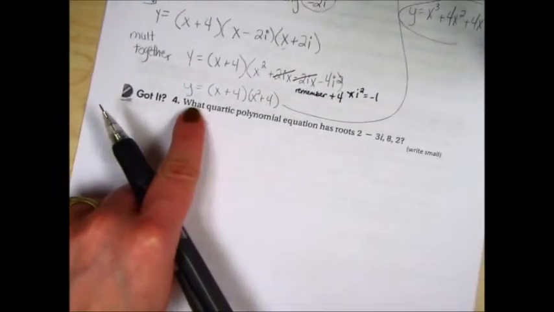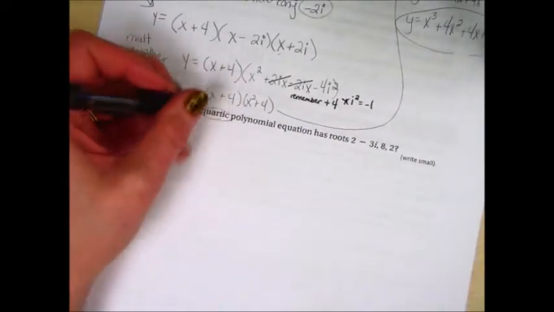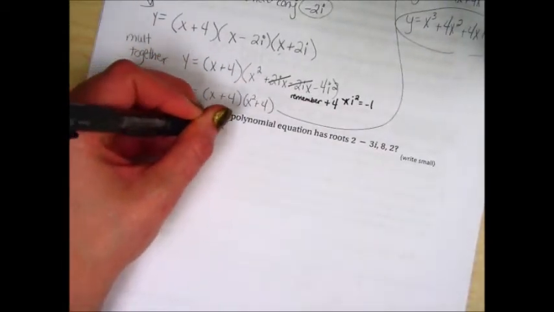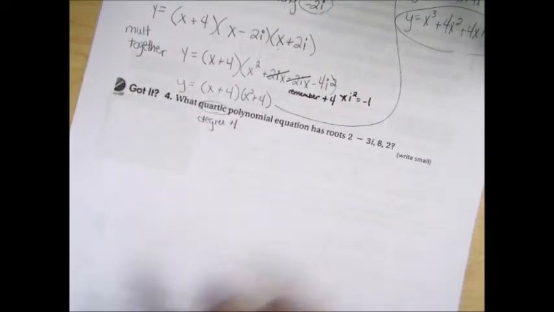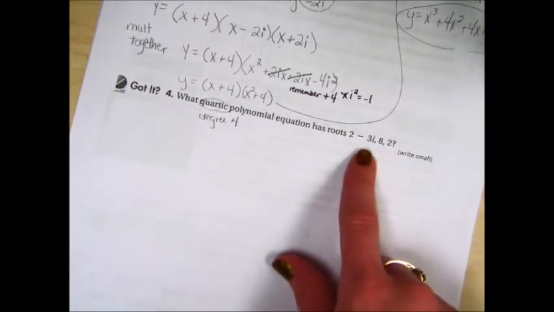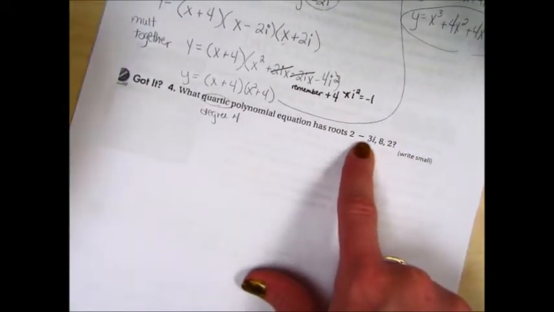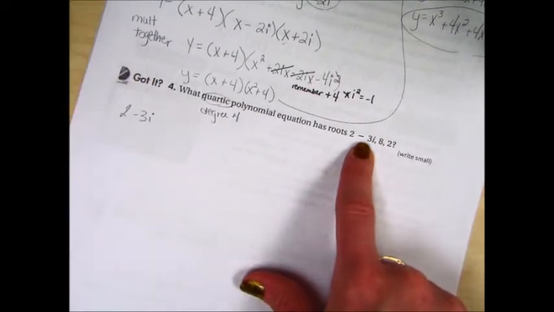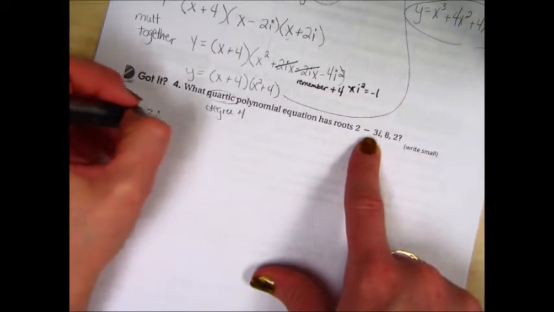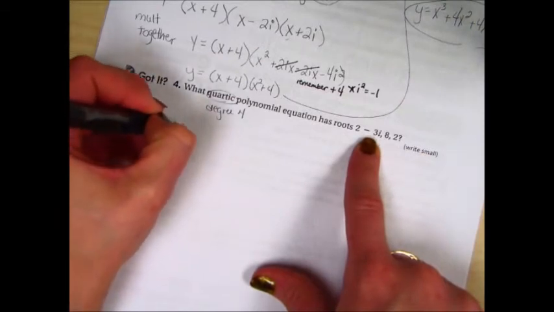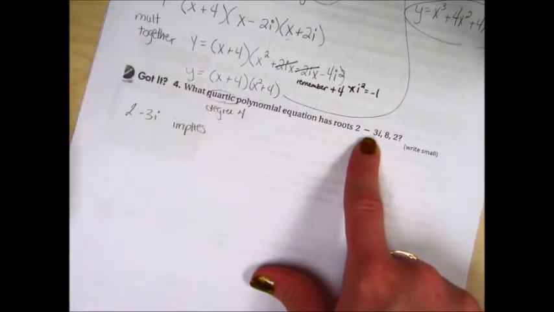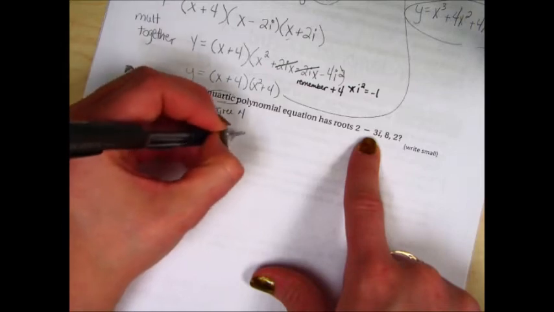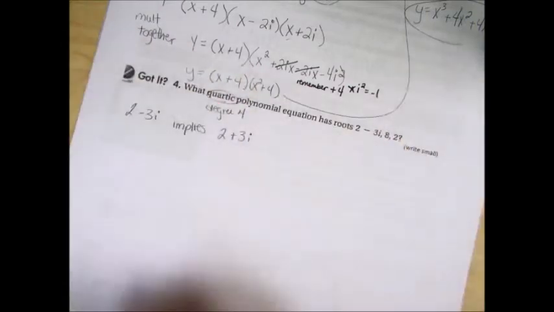It asks us what quartic, now you know that means it has a degree of 4, polynomial has these zeros, or these roots. Well, the first thing I need to know is that if 2 minus 3i is an answer, that implies that 2 plus 3i is an answer, because of the rule that we just talked about in got it number 3.